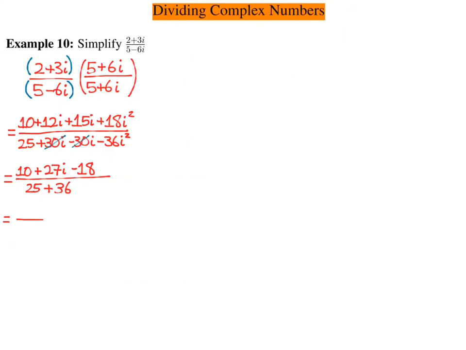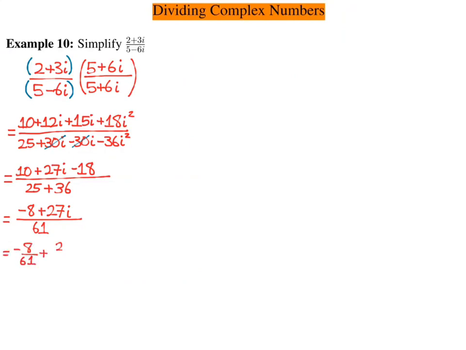All right, so 10 minus 18 is -8. So we have -8 plus 27i up top. The denominator is just now 61. It's entirely uninteresting. And then one last trick, just about format and notation, is that you want to separate it and write as separate numbers.